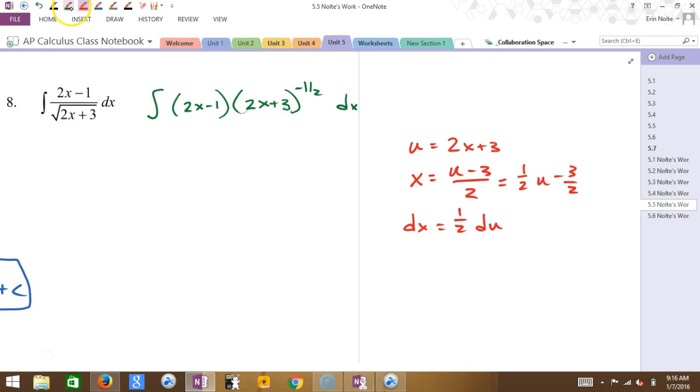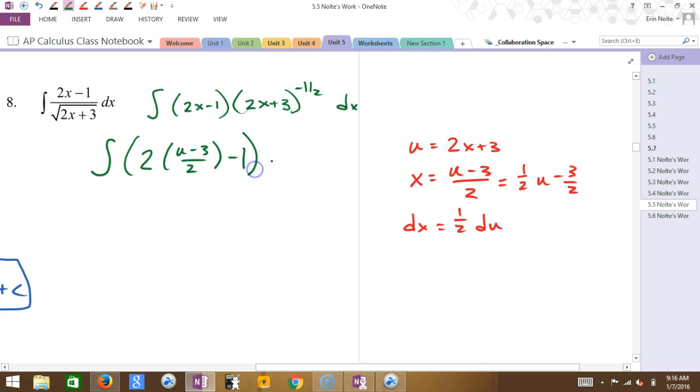This is going to get a little bit awesome. On my first quantity, I have 2x minus 1. I'm replacing the x with u minus 3 over 2. I'm not going to write that yet.